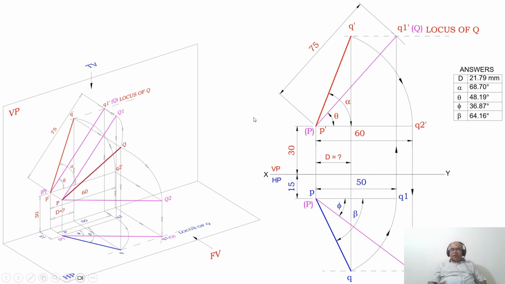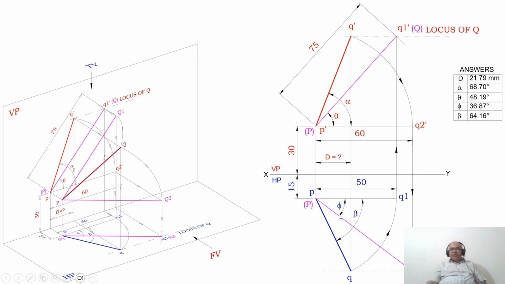How do I know that my problem is right? When you join between Q dash and Q, both are going to lie on the same line. That is point number 1. You know this is the front view because the top view line is inclined. You know the true length in this is the true length in VP. That means it is the true length in the front view because the corresponding top view is parallel to XY.